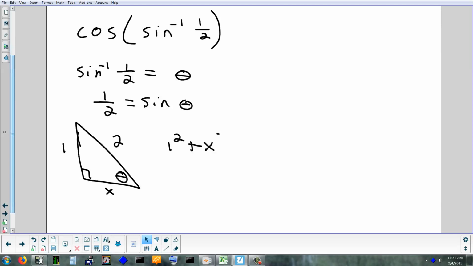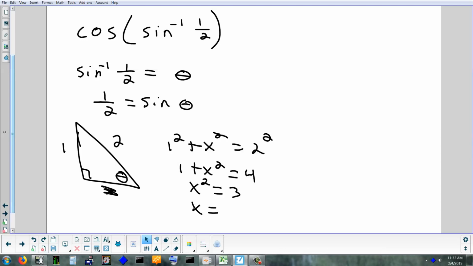1 squared plus x squared equals 2 squared. 1 squared gives me 1. 2 squared gives me 4. If I get x squared by itself, then it would be x squared equals 3. And then x would be square root of 3. So now I have all the sides.